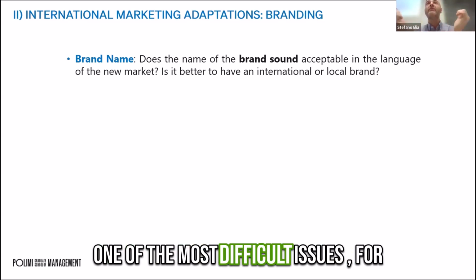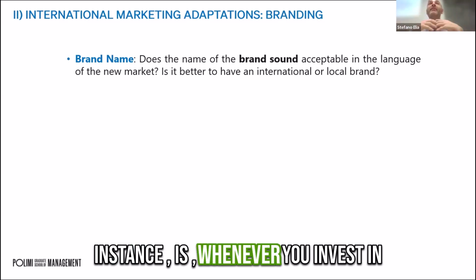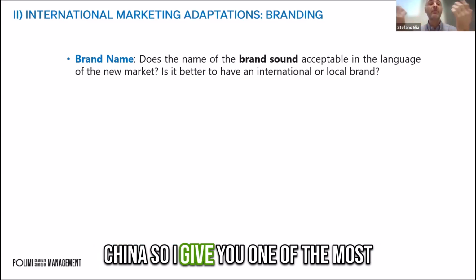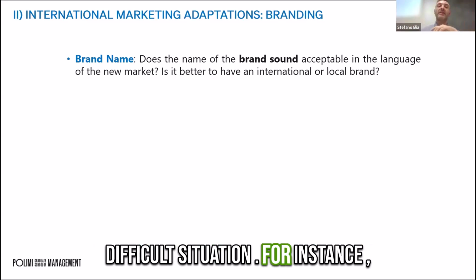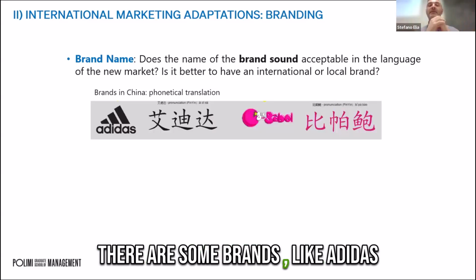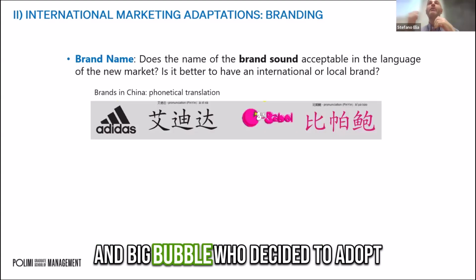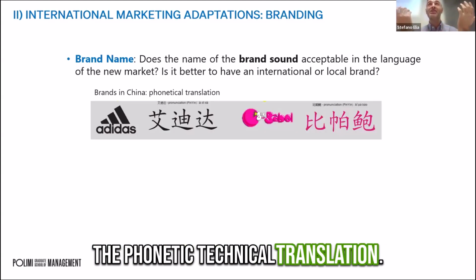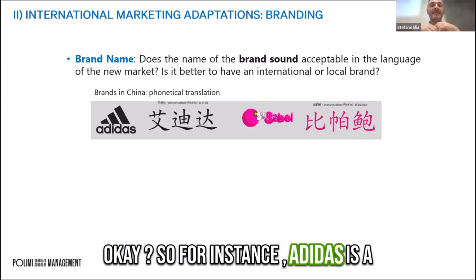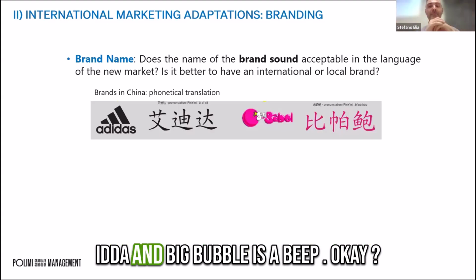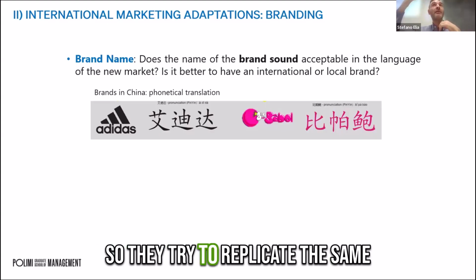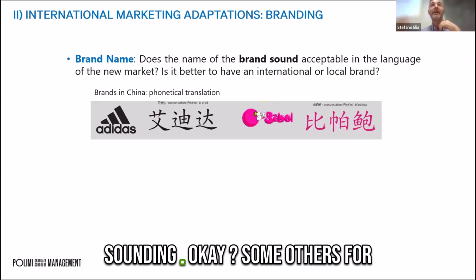One of the most difficult issues, for instance, is whenever you invest in China. So I give you one of the most difficult situations. For instance, there are some brands like Adidas and Big Bubble who decided to adopt a phonetic translation. Adidas is Adida and Big Bubble is Bipa Bao. They try to replicate the same sound.